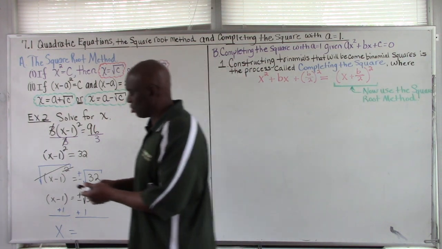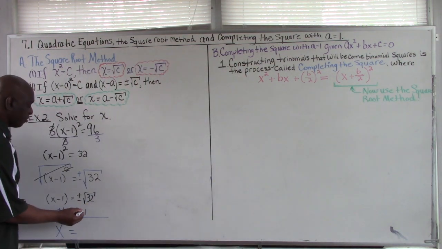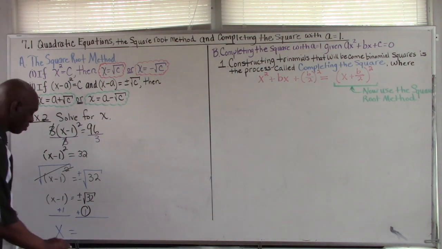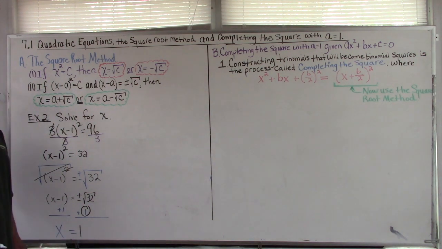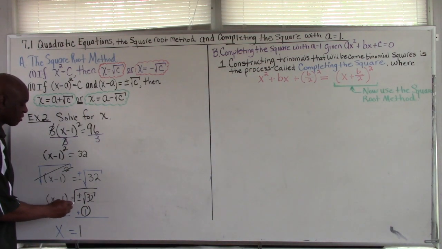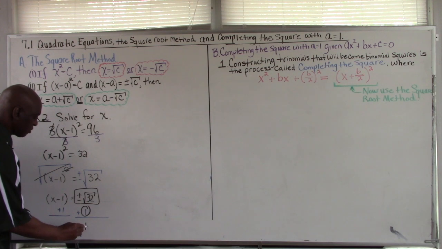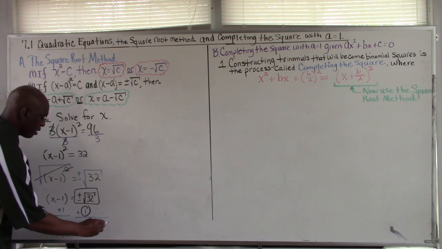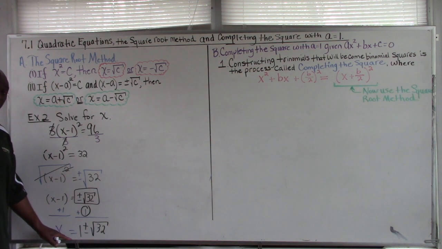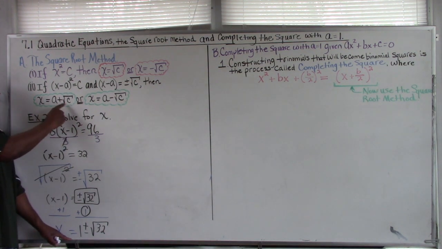Okay? So, this number, write that first. 1. And then write this number next. Plus or minus the square root of 32. That's how I always want you to write it. Follow that order, just like I have it right here.